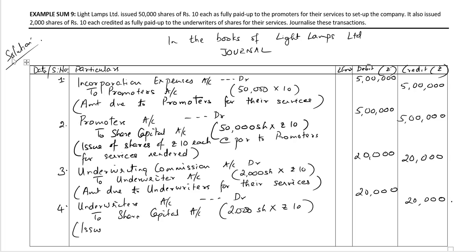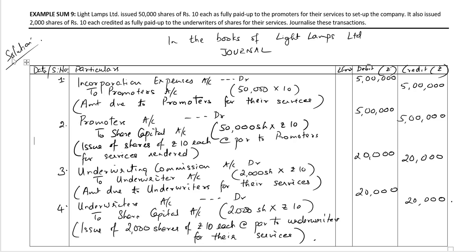Issue of 2,000 shares of rupee 10 each at par to underwriters for their services. So these are the answers to the 9th example sum.